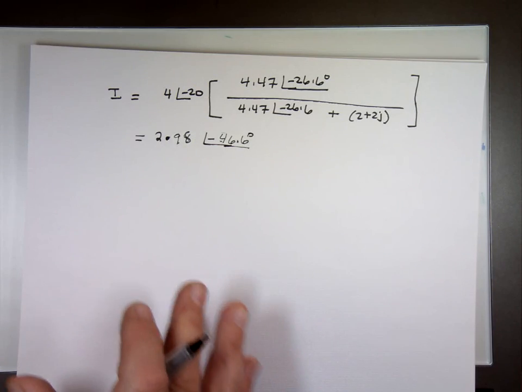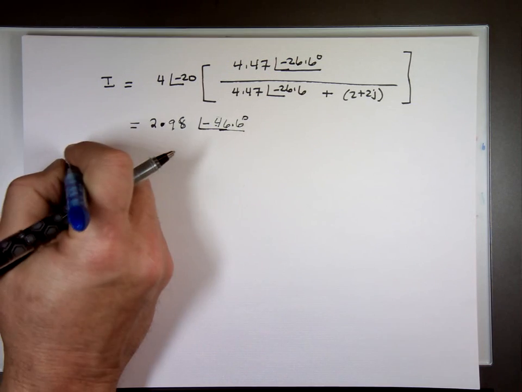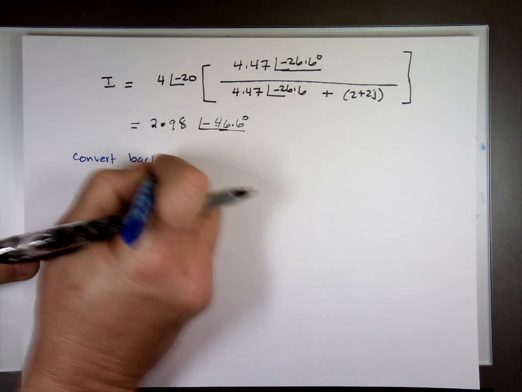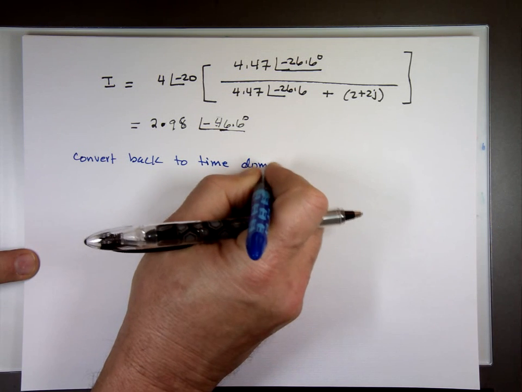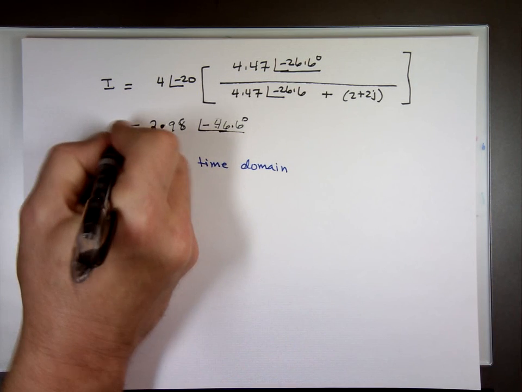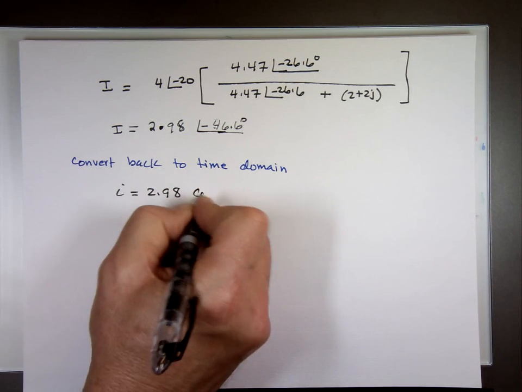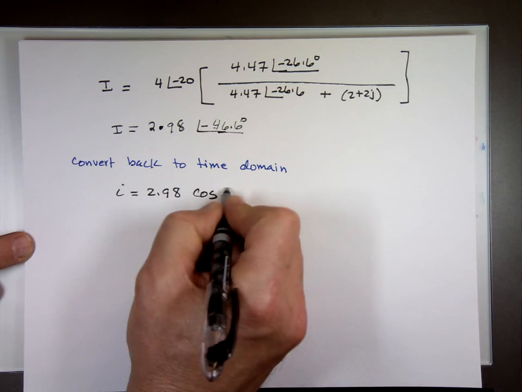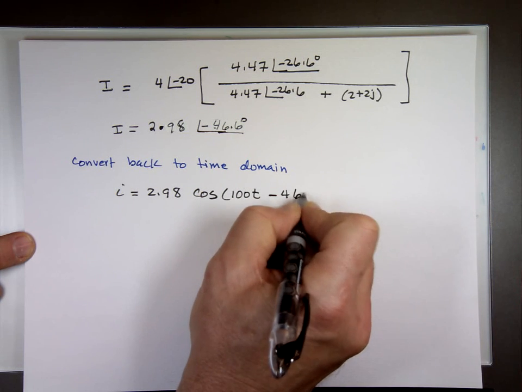Assuming this is correct, what's the next step, the last step? Convert back to time domain. So here's I: 2.98 cosine, what was omega for that problem? 100t minus 46.6 degrees.